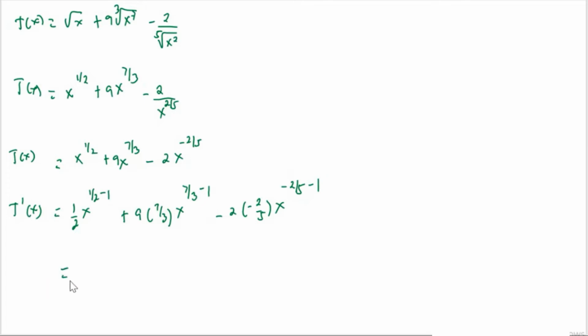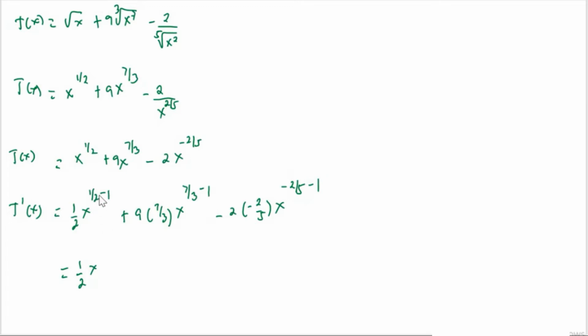So simplifying that one, we have 1 half of x raised to 1 half minus 1, that is equal to negative 1 half. For you to easily subtract, you change 1 into a fraction form. Since the denominator is 2, you can replace 1 by 2 over 2, so it becomes a similar fraction.